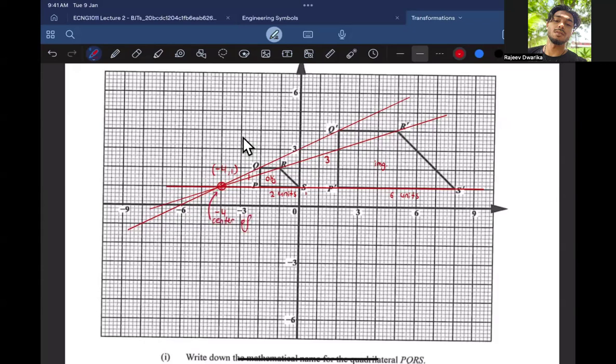Anytime you're dealing with an enlargement, you need to find the center of enlargement and how many times bigger you make it. That's the scale factor. You need those two things.